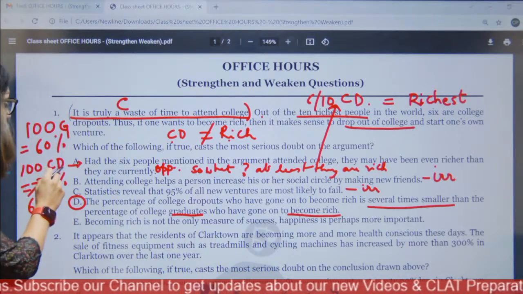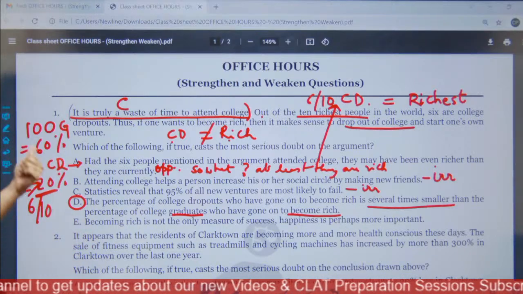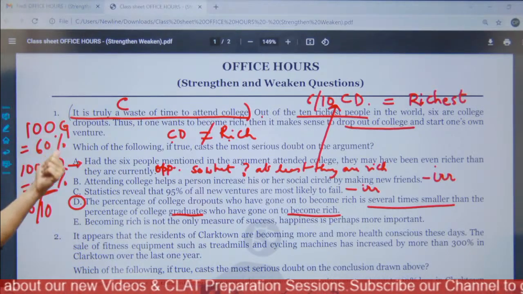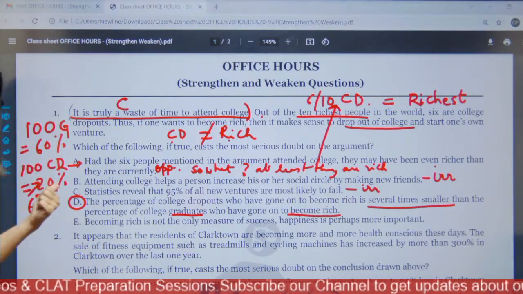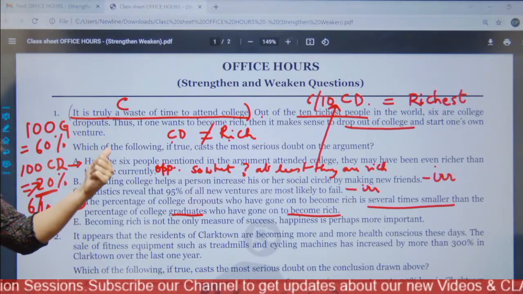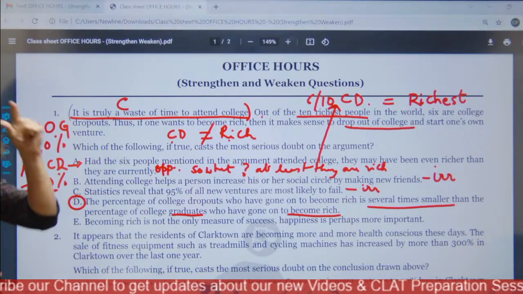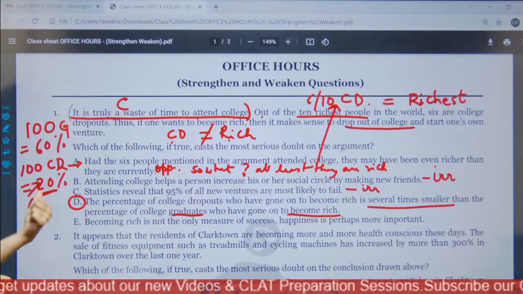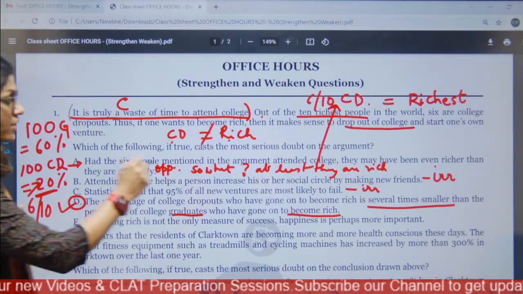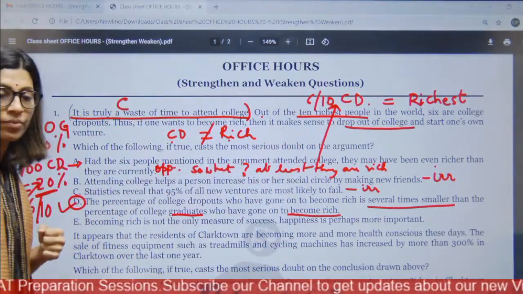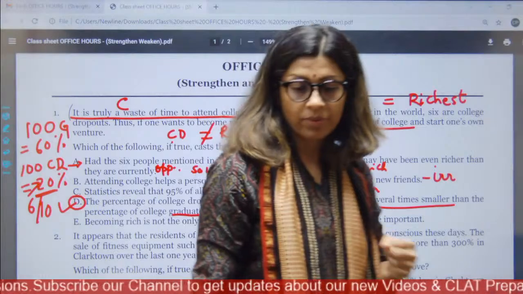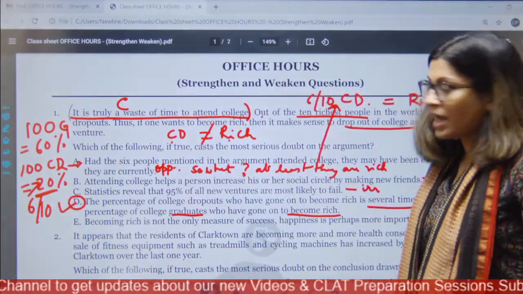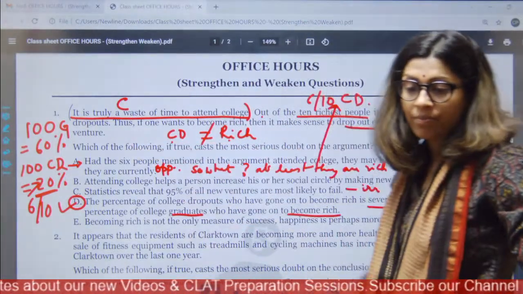That means 80% of dropouts are nowhere, whereas 60% of all those who attend college end up becoming rich. So now, does this not disturb the equation? Yes, no? Have you understood this little maths here?